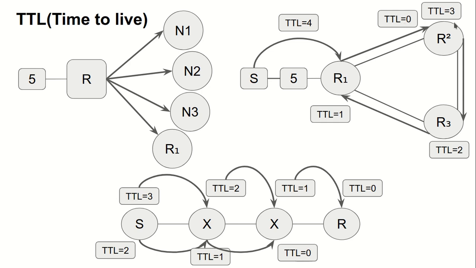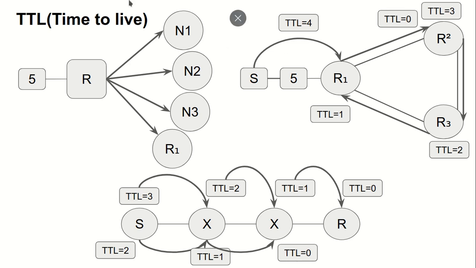So now the loop has stopped, because the TTL value is equal to 0. It has jumped 5 times, and the packet has reached router 2. But in this way the packet will get discarded because the TTL is equal to 0. So in this way you can stop the loop of this packet.